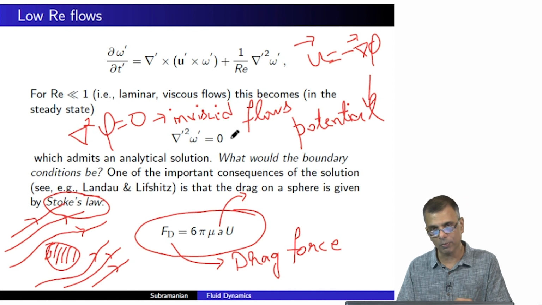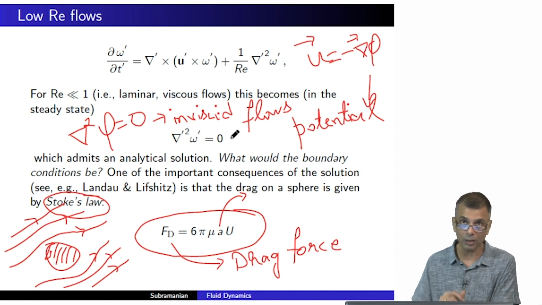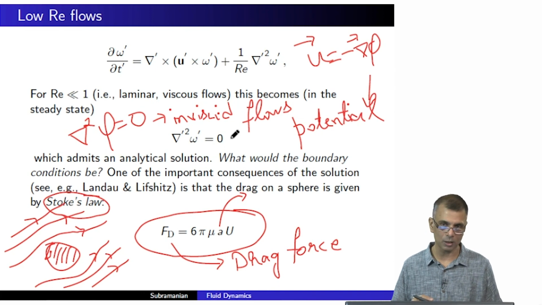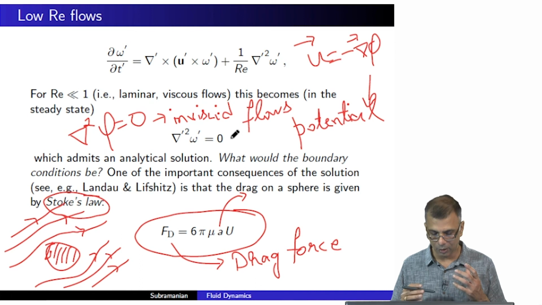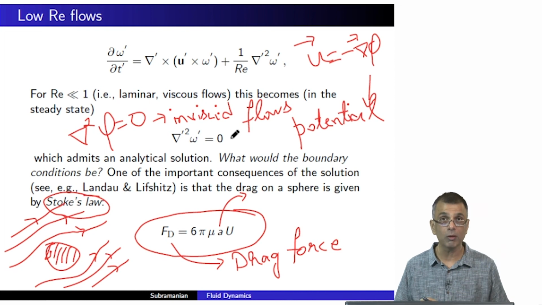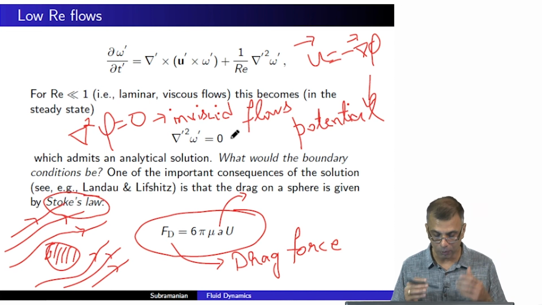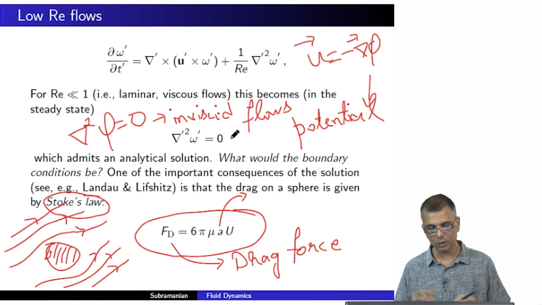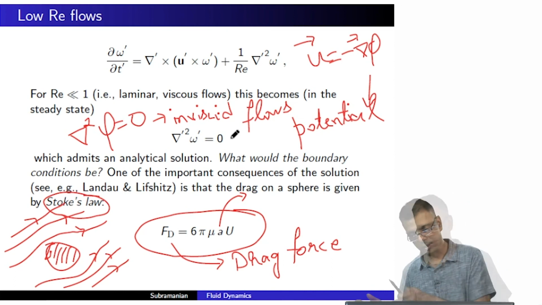You can look up Landau-Lifshitz or other similar texts, maybe Kundu, the text that we've discussed in the beginning. But suffices to say that this is what the solution to a low Reynolds number situation predicts.